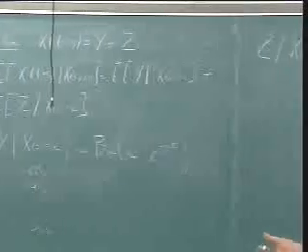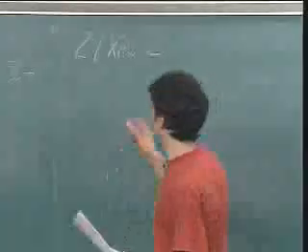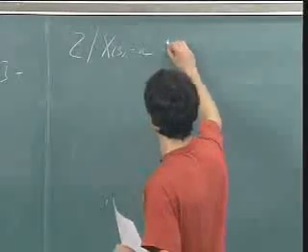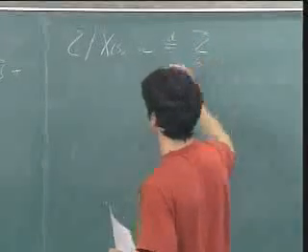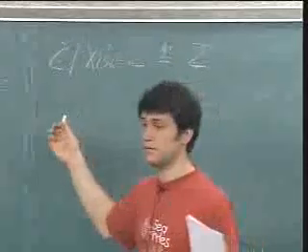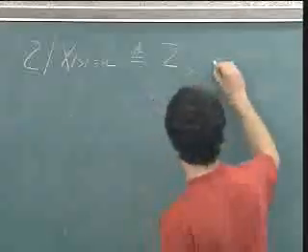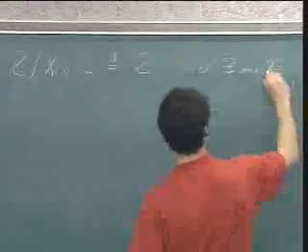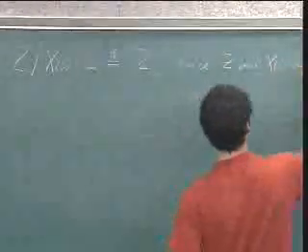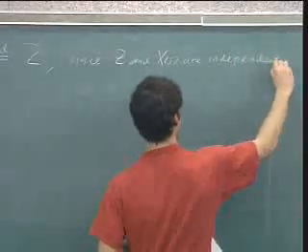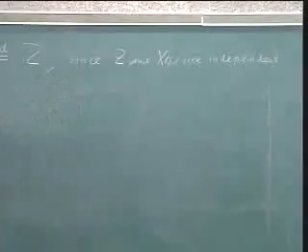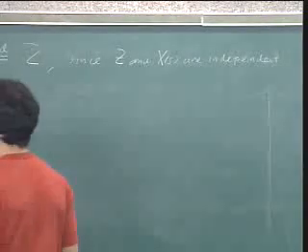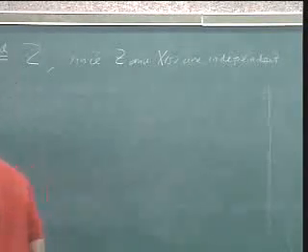So what does it matter if already n servers are busy at time s? So this is equal in distribution to just Z, because Z and X(s) are independent. Okay, and now we need to figure out just the distribution of Z.